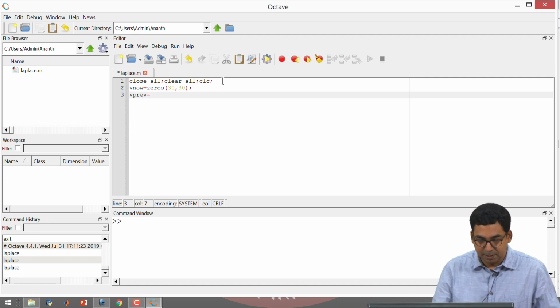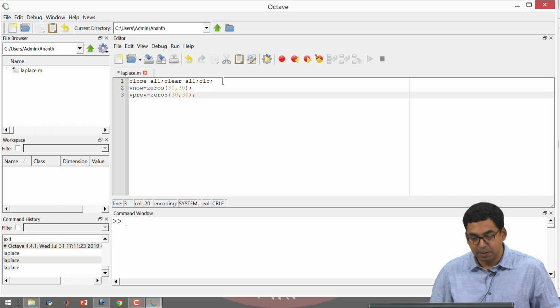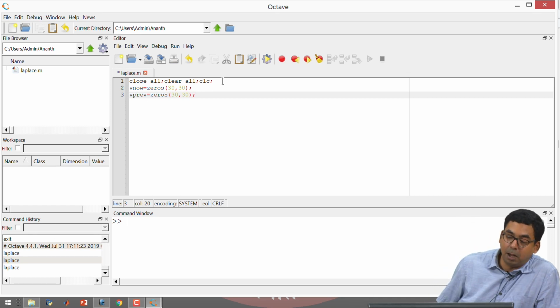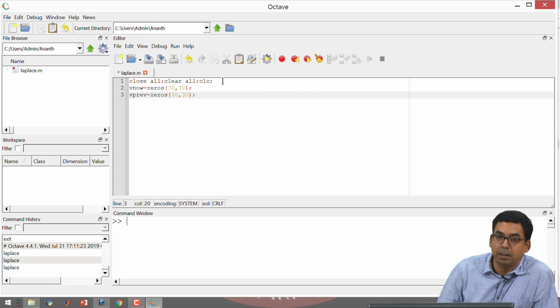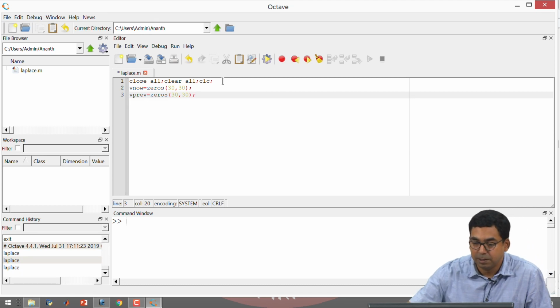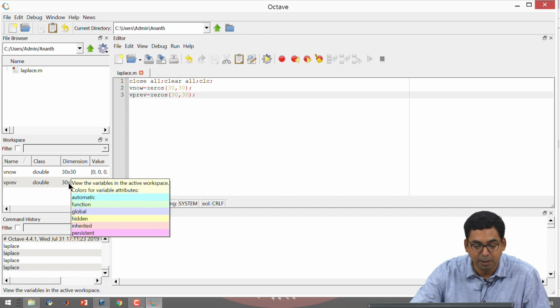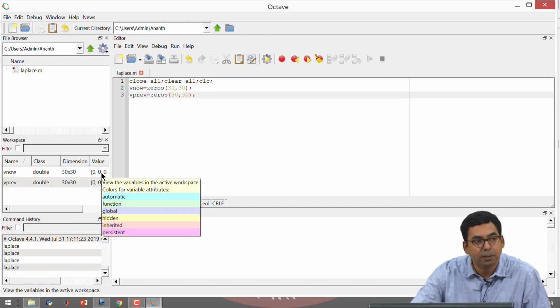Since I have zeros for all the values, I just made it zeros of 30 comma 30. So, I will just run it for the sake of completeness. On the left hand side, I have a workspace which tells me that I have two variables defined, V now and V previous. Dimension is 30 by 30 and I can check the values, and it is going to be zeros for all the rows and all the columns.